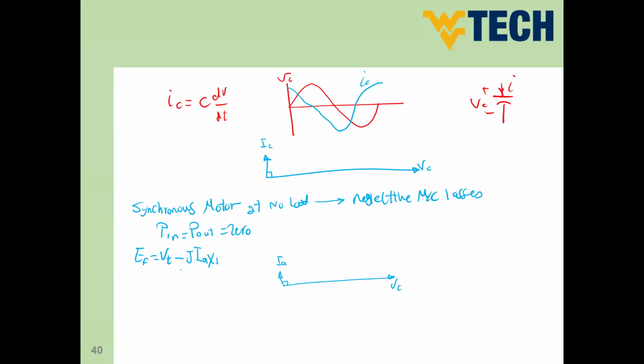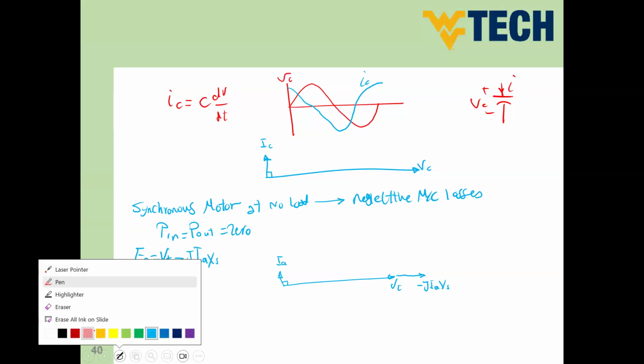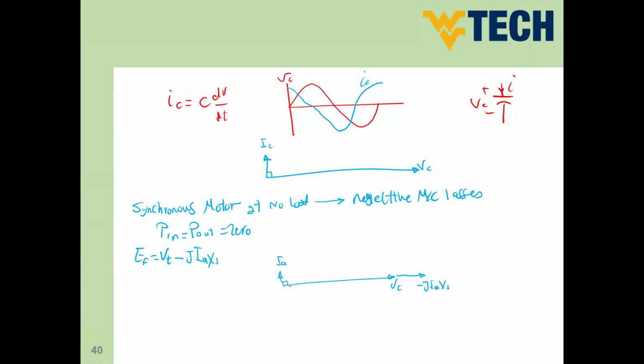And in this case, minus jIA XS. So IA in this direction, jIA in that direction, so minus jIA is going to be in the opposite direction. So this here is minus jIA XS. This means the resultant vector is this vector here. This one represents the excitation voltage.